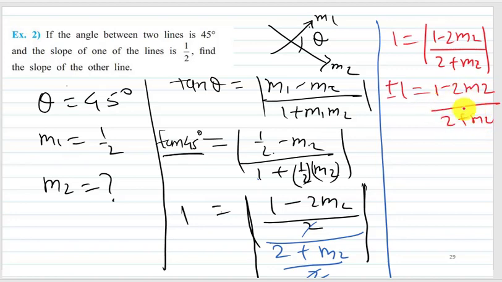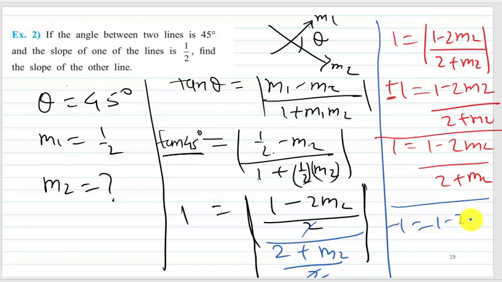So here I kept plus minus on the left hand side. Now just solve. First we will take plus 1 for case 1. We will take plus 1 to the left hand side and solve for m2. And for the second case, we will take minus 1 to the left hand side and solve for m2. Just cross multiply and find the value of m2.